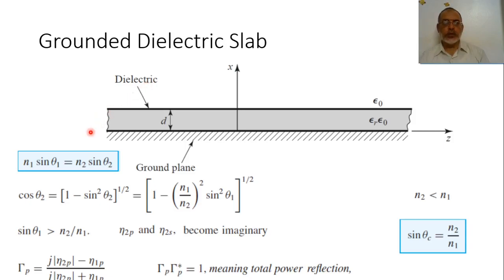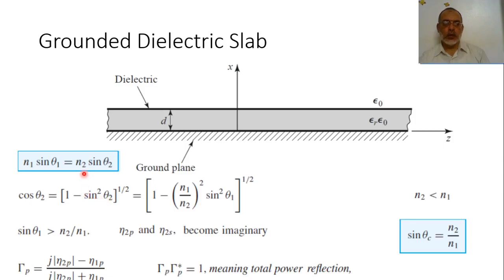And according to this relation, we can obtain cosine theta 2, the cosine of the transmitted angle, as the square root of 1 minus sine squared theta 2, where theta 2 is the transmitted angle.